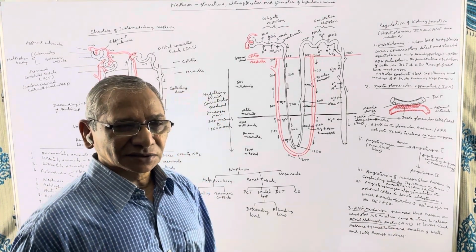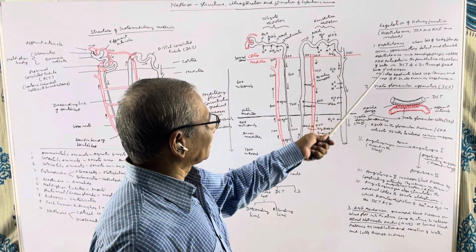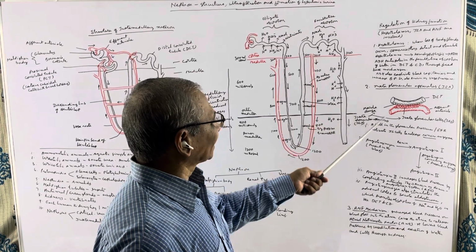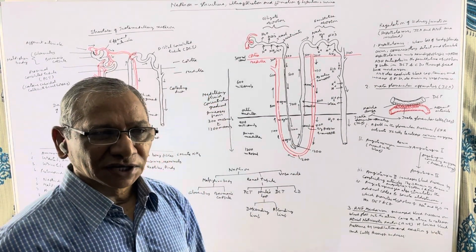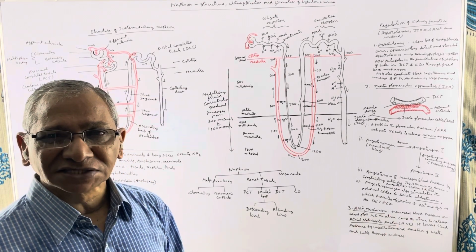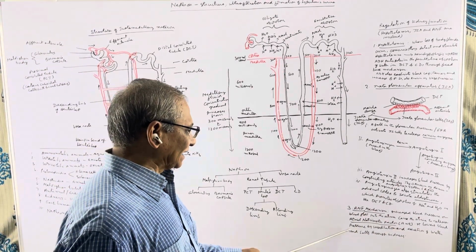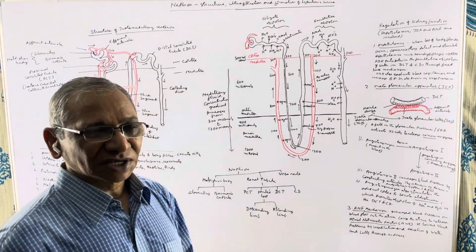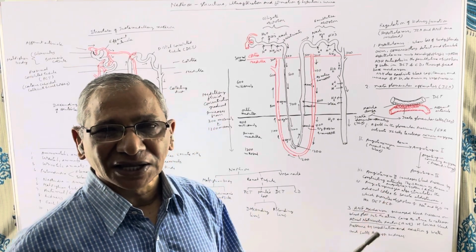So here the problem is different. In the first two cases, the blood pressure is decreased, but here the blood pressure increases. So ANF has to decrease the blood pressure. How does it decrease it? By dilating the blood vessels. ANF dilates the blood vessels. As a result, the blood pressure comes down.